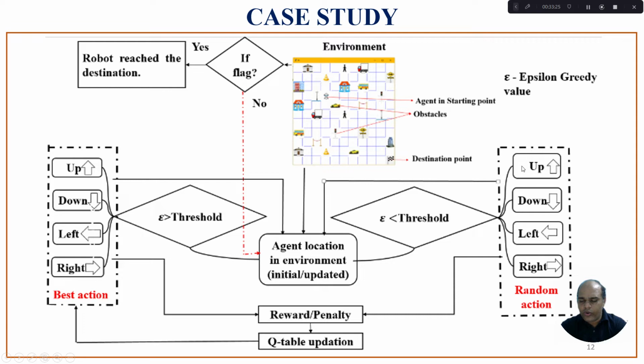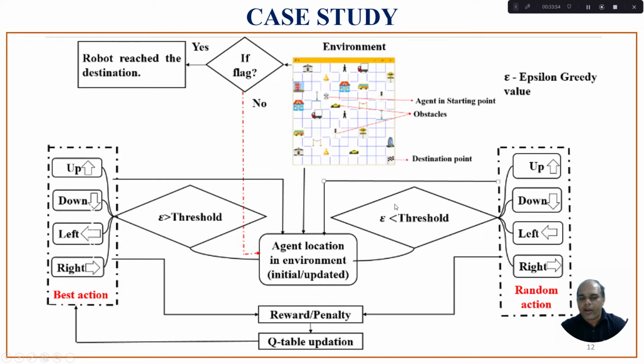So the Q-learning technique will be implemented when I have epsilon less than the threshold. So the threshold I am going to set as 90%, right? If my epsilon is less than 90%, then we are going to take a random action. If my epsilon is greater than 90%, then we are going to take the best action from the Q table.